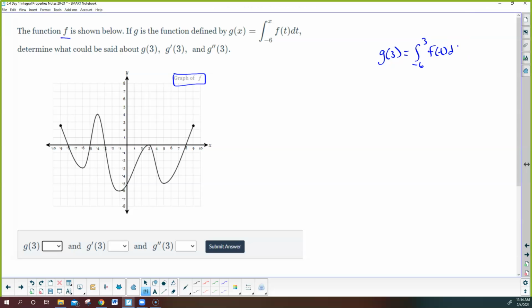So if I start at -6, where's negative 6? Here's negative 6. So I'm going to start here, and I'm going to go to 3. All right, well, G is the area under the curve. So that's this piece plus this piece. Okay, area under the curve.